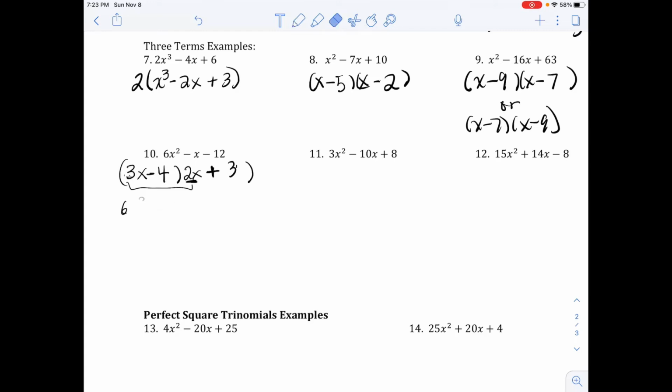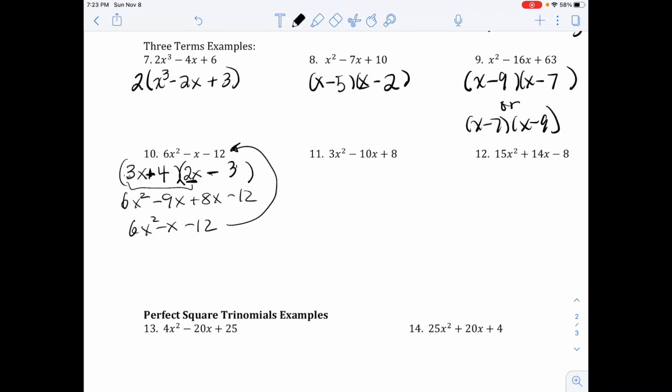Oh no, I need to undo that. I need to change the sign. That should be a plus. That should be a minus because it was just the same one I just did. 6x squared minus 9x plus 8x minus 12. 6x squared minus x minus 12 is exactly what I got.